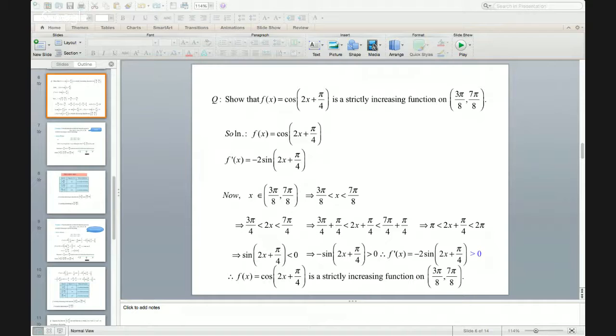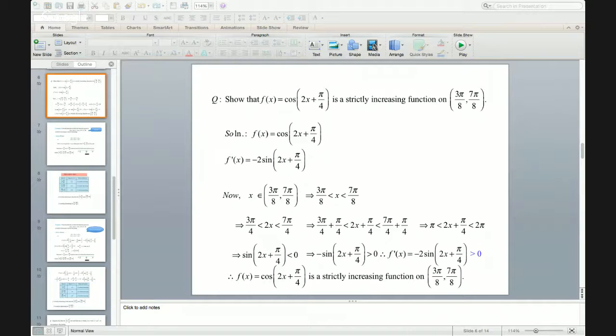Where 2x plus pi by 4 lies can easily be figured out. As a linear inequality, if you multiply by 2 and then add pi by 4 all across, you will see that the argument 2x plus pi by 4 lies between pi and 2 pi.